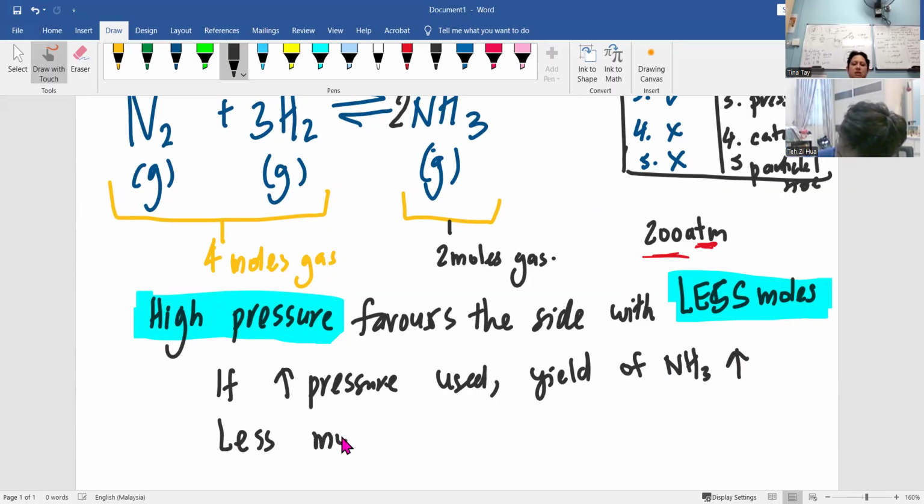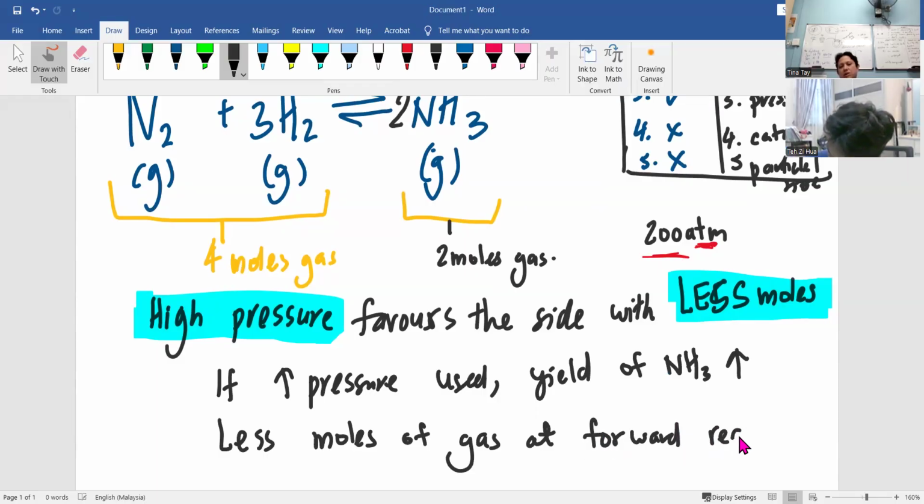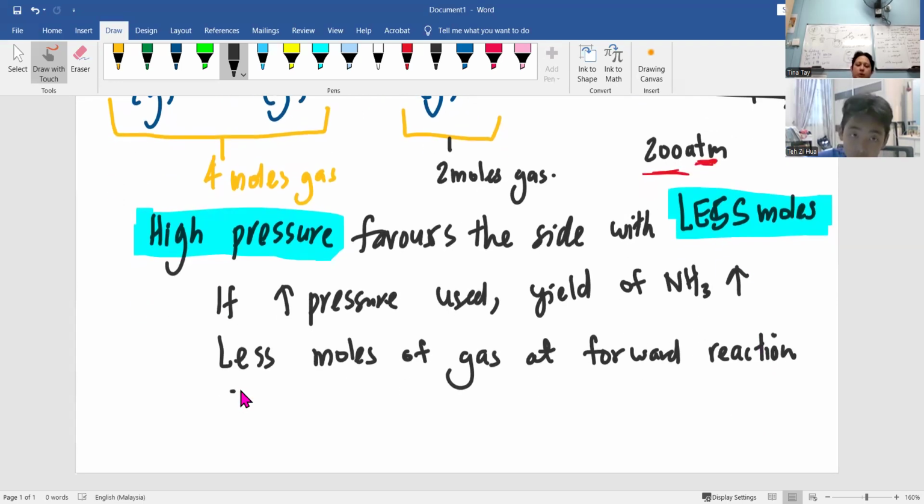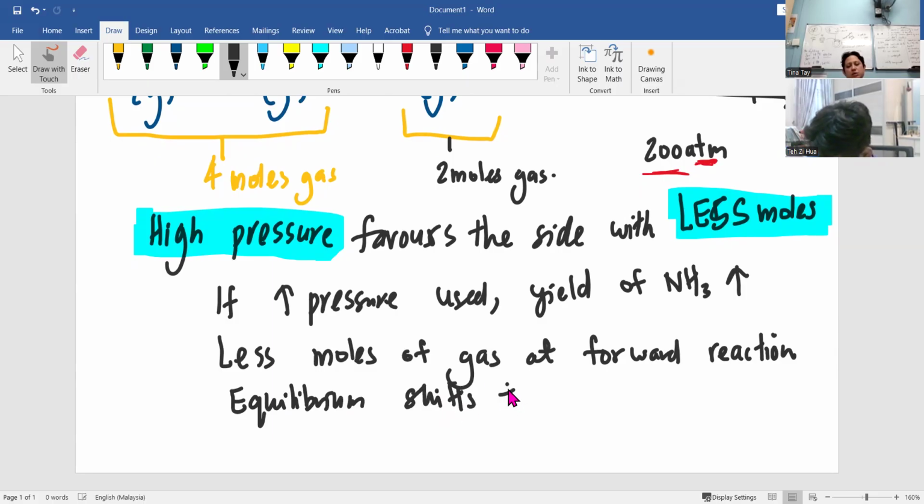There are less moles of gas at the forward reaction. Or you can also say the phrase, the equilibrium shifts to the right. Okay, can you understand?